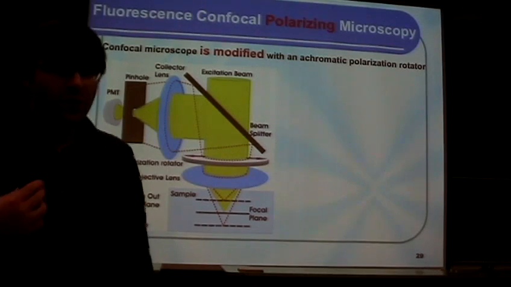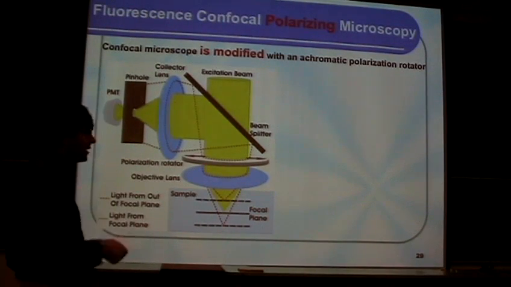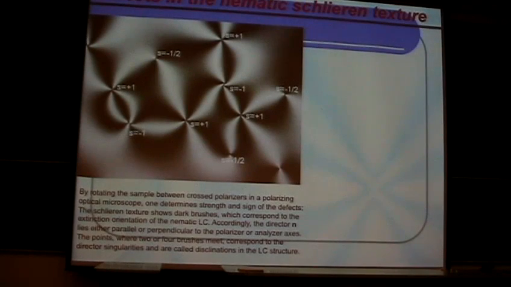However, the fluorescence confocal microscopy in polarizing mode, as you will see in just a little bit, will allow us not only to visualize the patterns of molecular orientation in 3 dimensions.